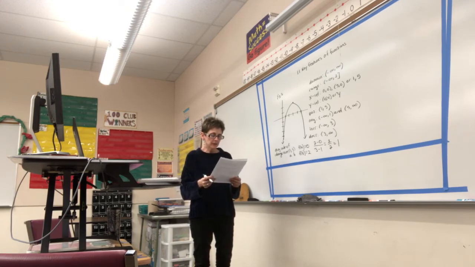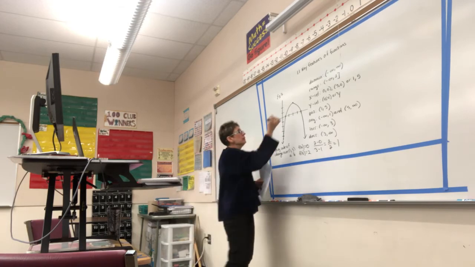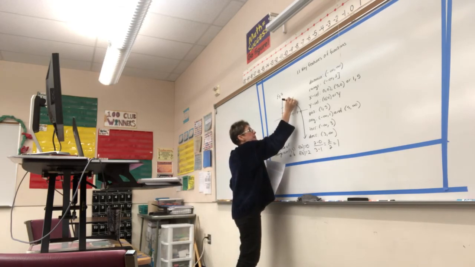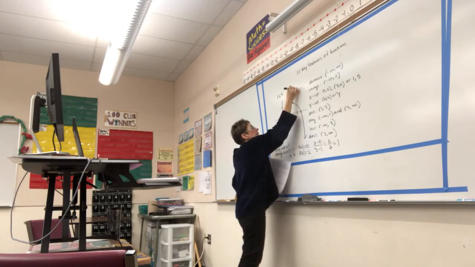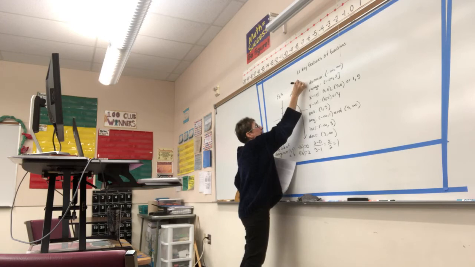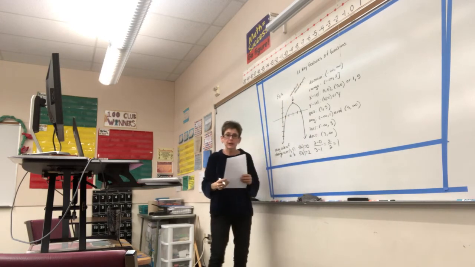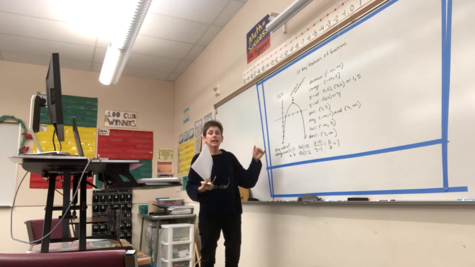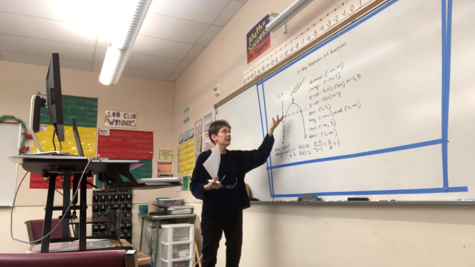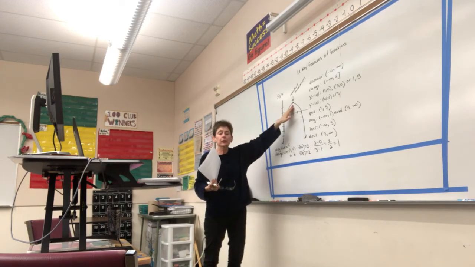Okay, now there's a couple more vocabulary words here. Relative maximum. If you look at this parabola here, this point would be the relative maximum. If we have a parabola or an absolute value function with a vertex and the graph opens down, then that vertex is the relative maximum.